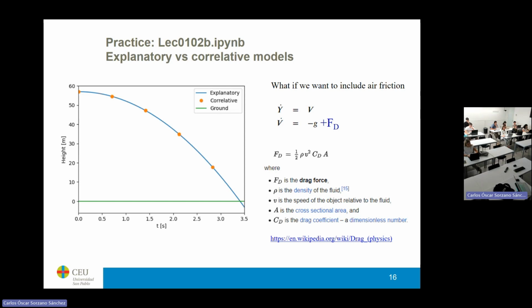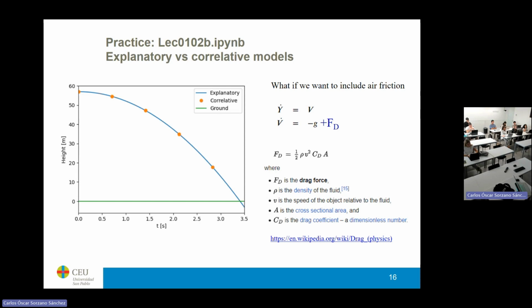So now the velocity is, besides going down with the acceleration of gravity, we have some other force acting on it, and this force will be given by a number of things. It will be given by the density of the fluid, so the density of air. What is the speed? You may know that the faster you go in a fluid, the larger the reaction of the fluid, so the larger the friction.